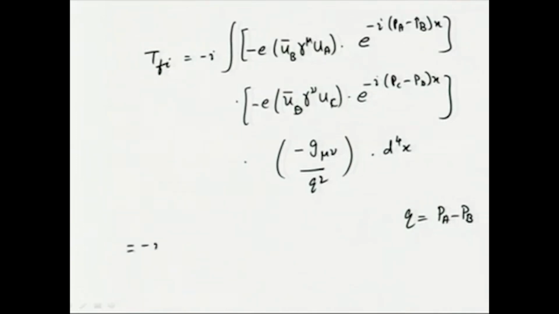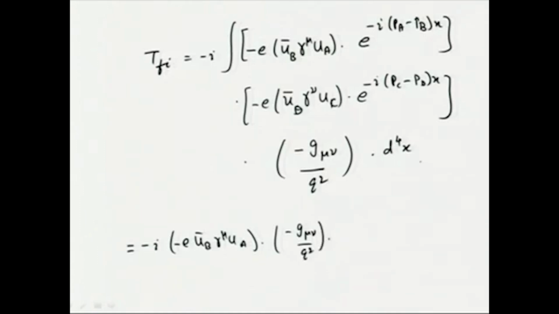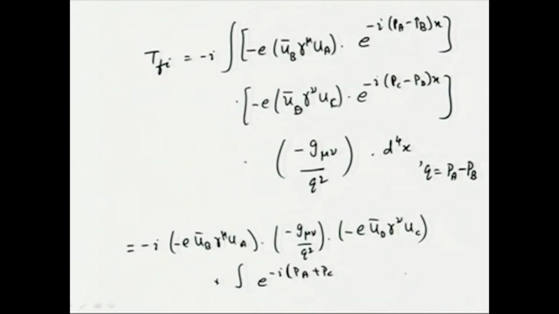This is equal to minus i times minus e u b bar gamma mu u a, times minus g mu nu over q square, times, from the other current, u d bar gamma nu u c, into the integral of e power minus i (p a plus p c, the two initial momenta, minus p b minus p d, the final momenta) x d4x.